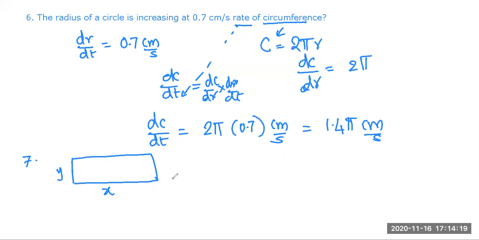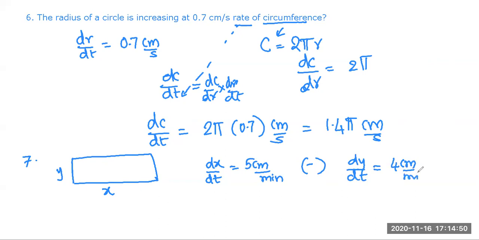So what he has given is dx by dt, that's equal to 5 centimeters per minute. He said the length x is decreasing, that means this is negative. dy by dt is increasing at 4 centimeters per minute, plus.